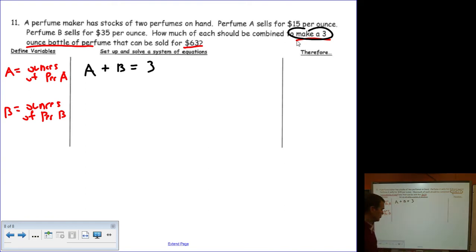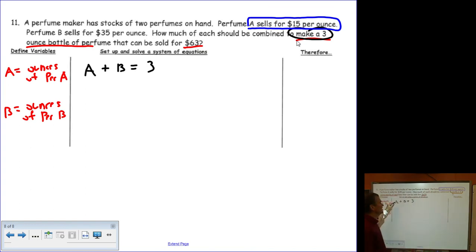And then comes the price. I want the price to be $63. Well, what's the cost of perfume A? Perfume A sells for $15 an ounce.